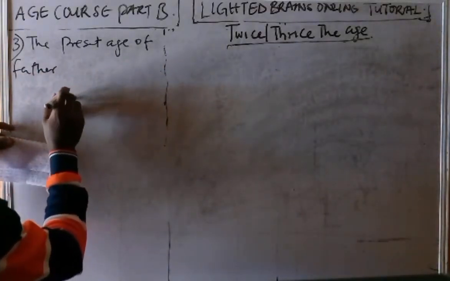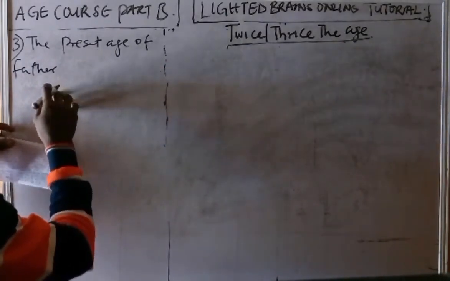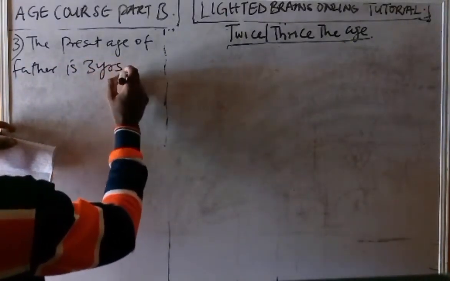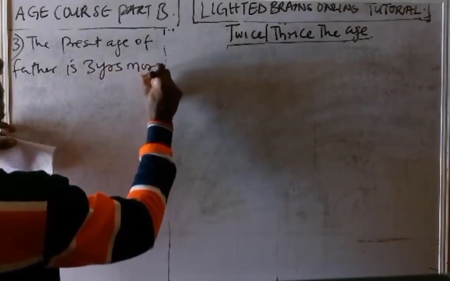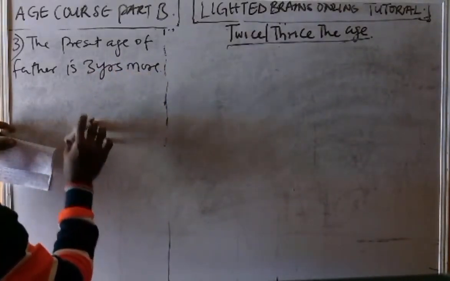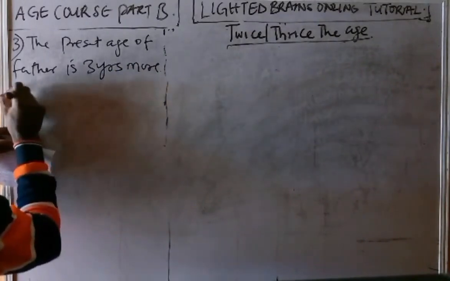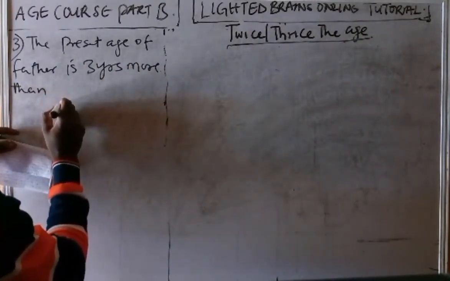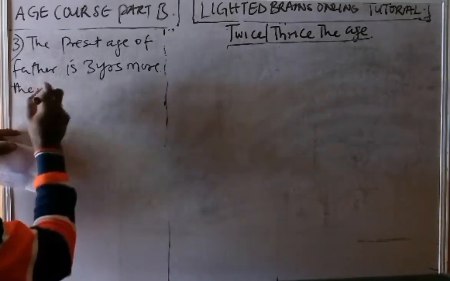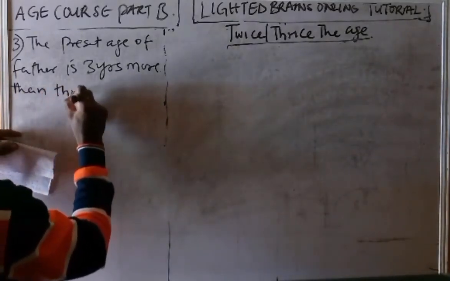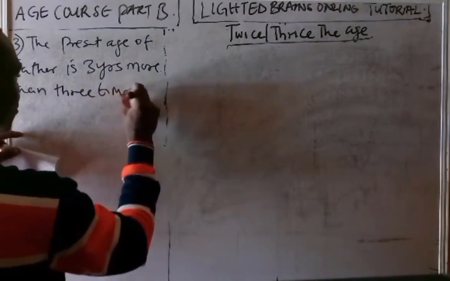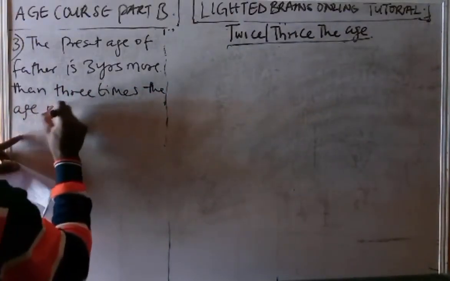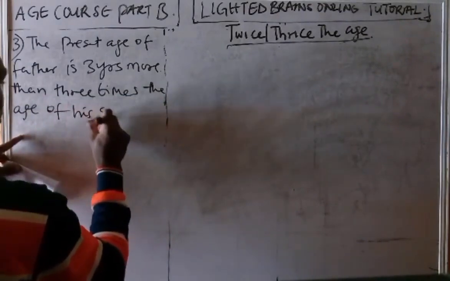Now let me see. Okay, let us say the father is 3 years more than 3 times the age of his son. 3 years more than 3 times the age of his son.